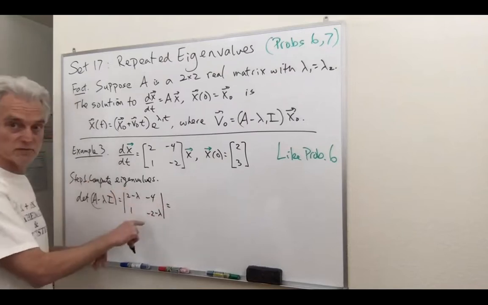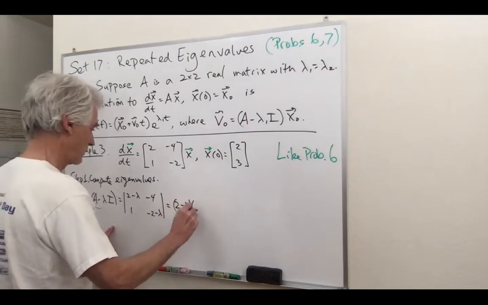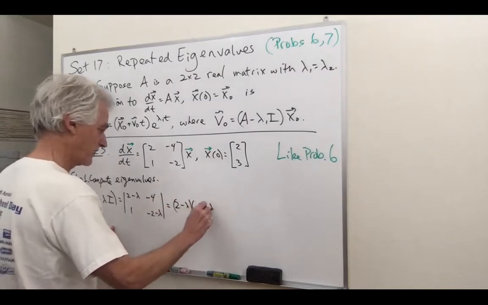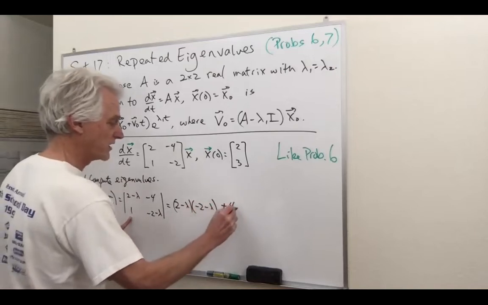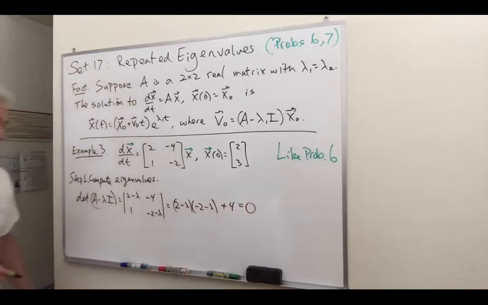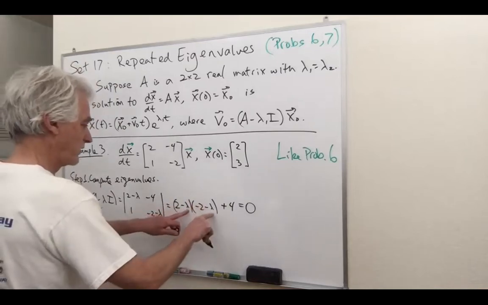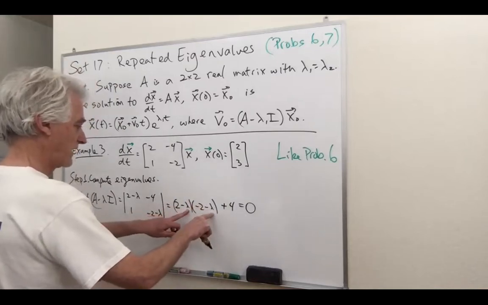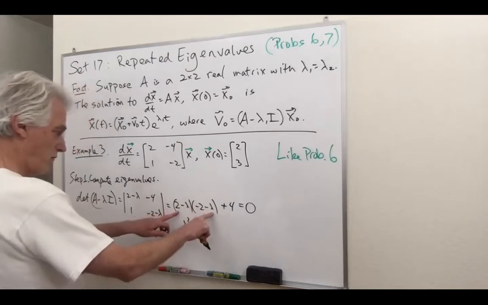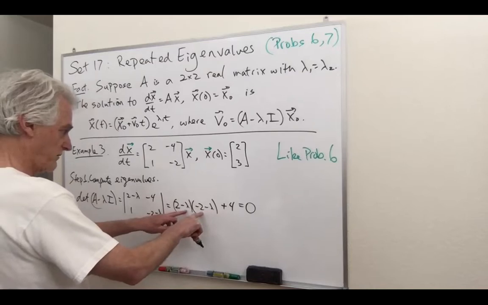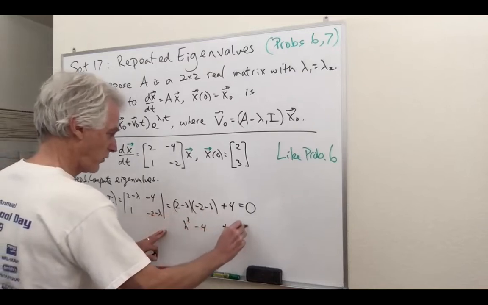So it's that times that minus that times that. 2 minus lambda times -2 minus lambda, all minus -4, so that's a +4, equals 0. We get a quadratic equation: lambda squared, and then minus 2 lambda plus 2 lambda, they cancel. -4 plus 4 equals 0.